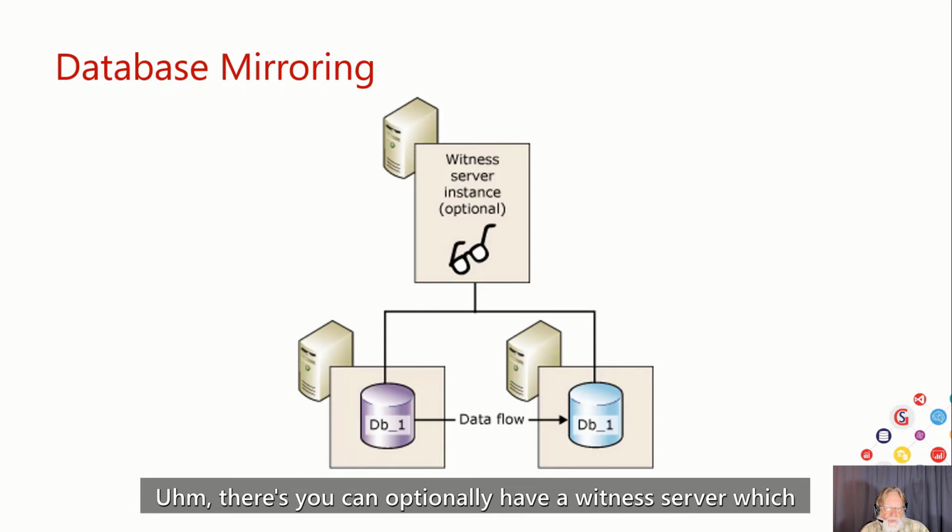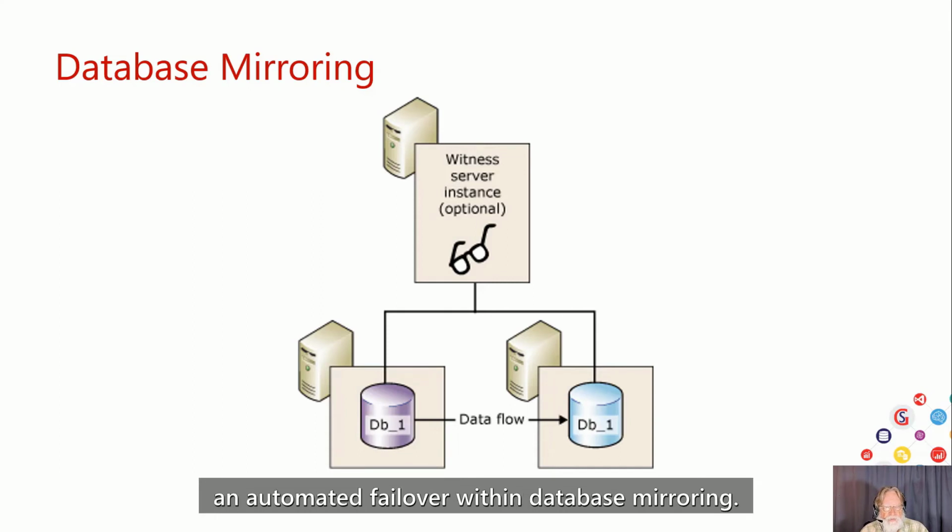You can optionally have a witness server, which is basically quorum. That's what gives you the ability to have an automated failover within database mirroring. It's a crude system compared to availability groups, but it's a quantum leap from log shipping.